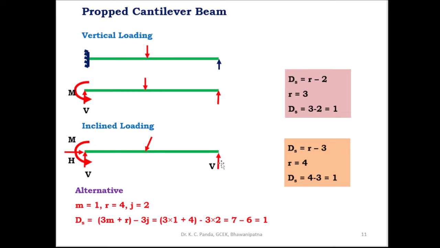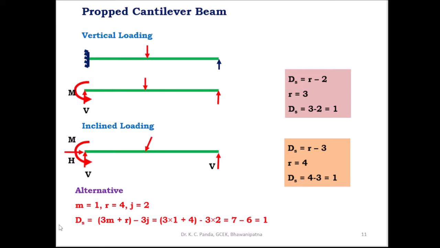The degree of static indeterminacy can be found using ds = r - 3, so r = 4, and 4 - 3 = 1. As the degree of static indeterminacy of this beam is 1, this is a statically indeterminate structure. The propped cantilever beam is a statically indeterminate structure, and the degree of static indeterminacy is equal to 1.